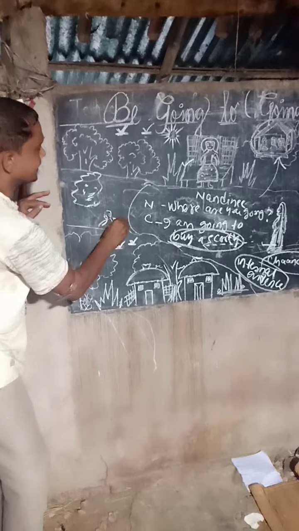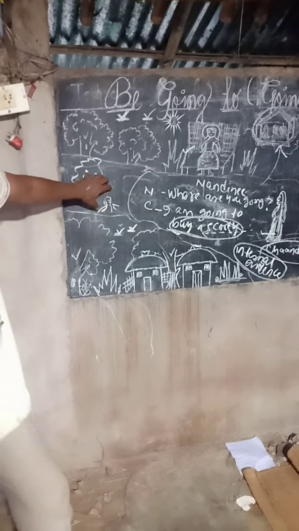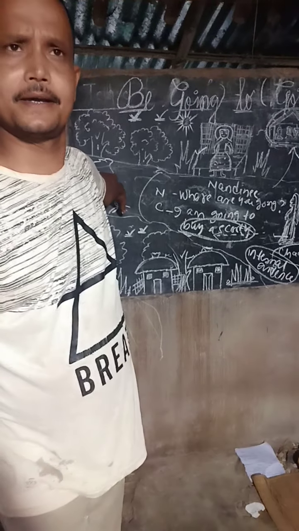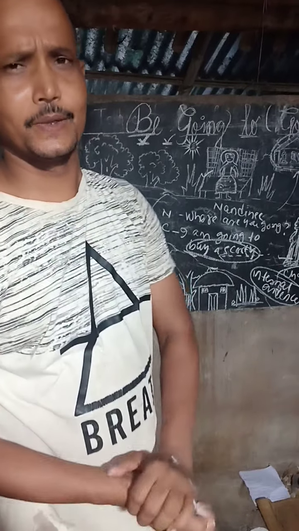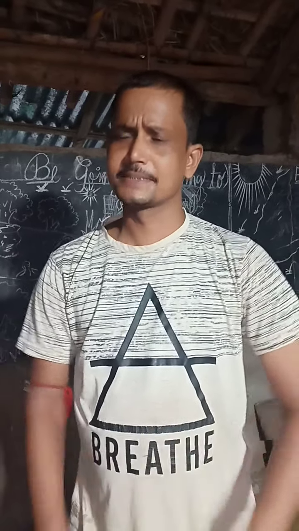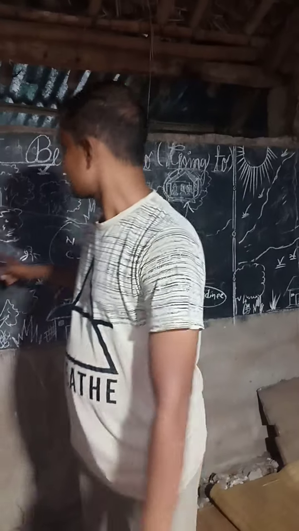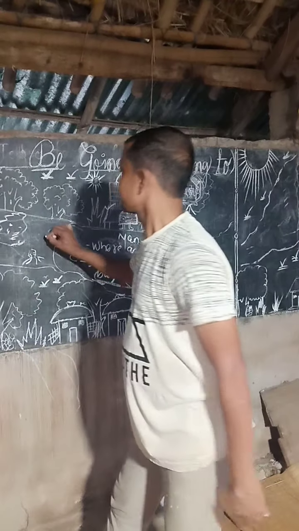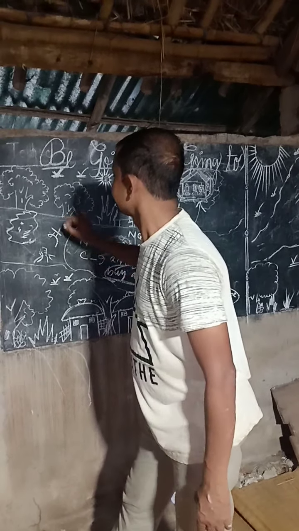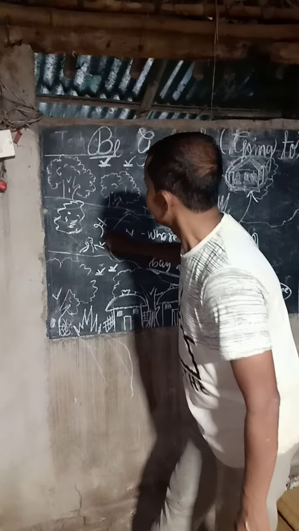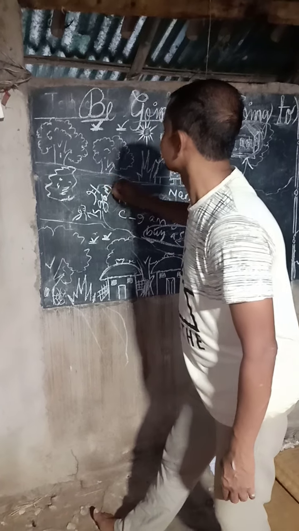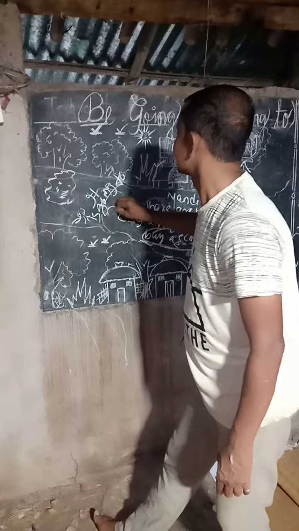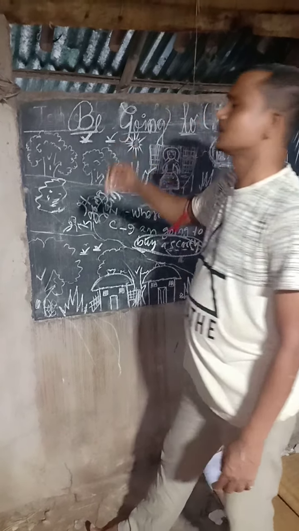The boy gives a look at the sky, and after looking at the sky, the boy thinks that something will take place very soon. The boy says that it is going to rain.